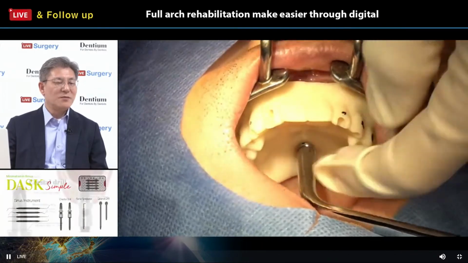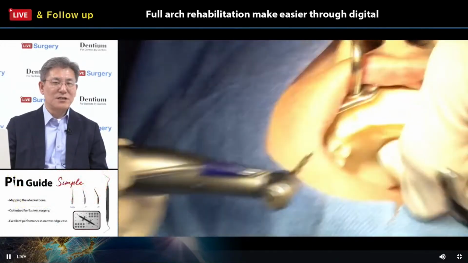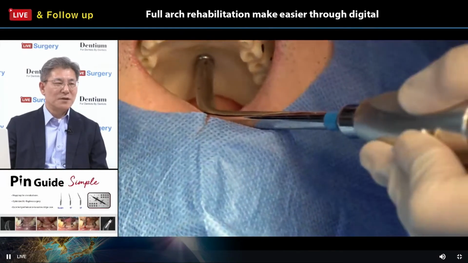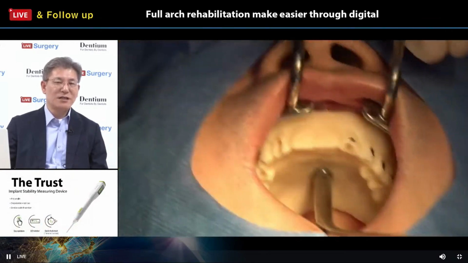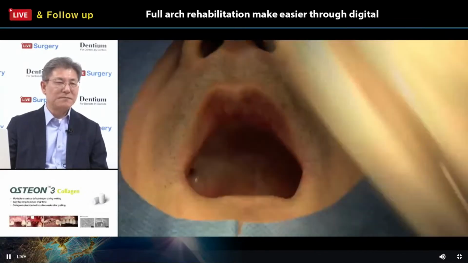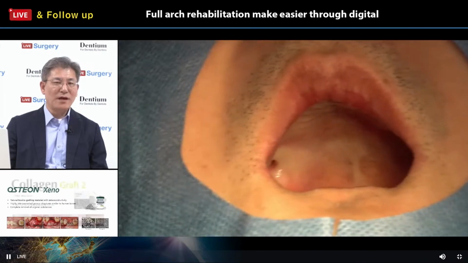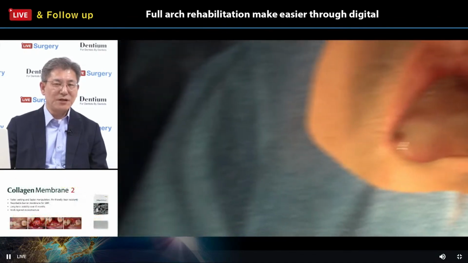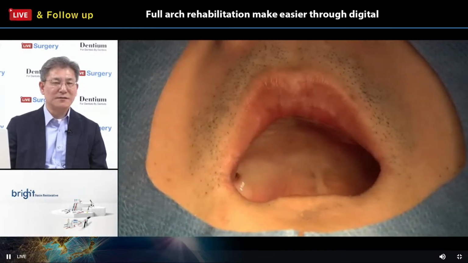We have to check the adaptation of this 3D printed denture in the patient's mouth, to reduce the gap between the actual situation and the planned site on the computer program, right? Checking, and we make a decision on whether this 3D printed denture is useful as a surgical stent or not.